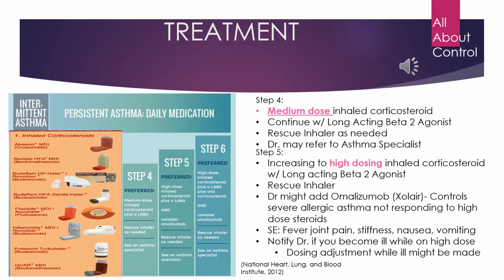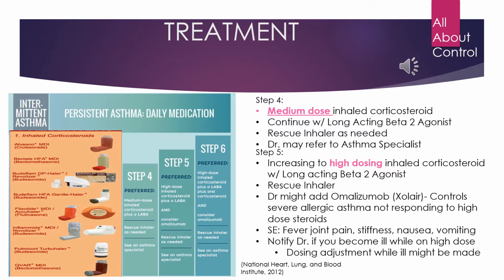And remember that corticosteroids can decrease your immune system, so you need to be careful with that. And also we're continuing a long-acting beta-2 agonist, continuing the rescue inhaler, and the doctor might add this medication called Xolair. It controls severe allergic asthma symptoms not responding to high-dose steroids.